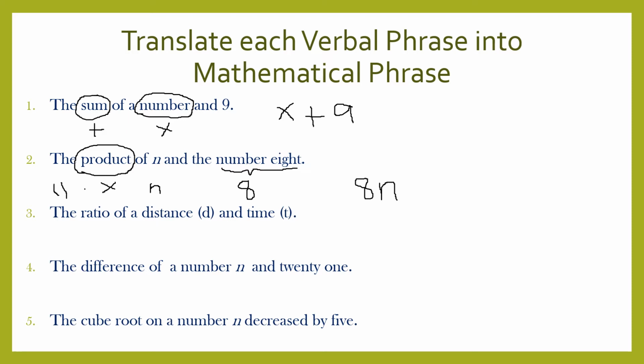Number 3, the ratio of a distance d and time t. So when we say ratio, this represents division. So ano yung symbol for division? Sulat natin, division. Erase muna natin. So, division.